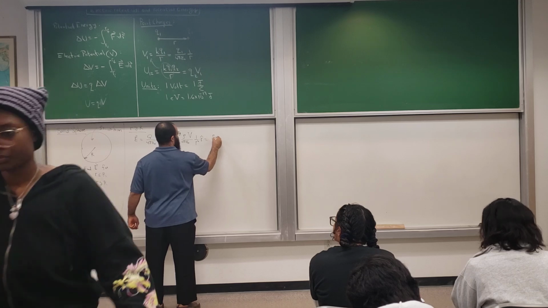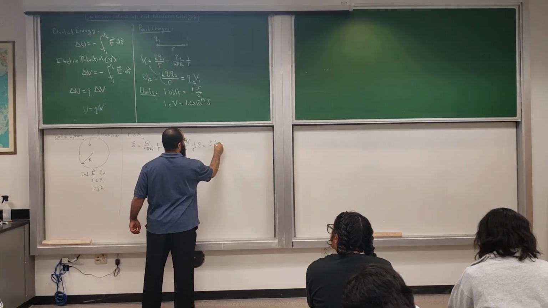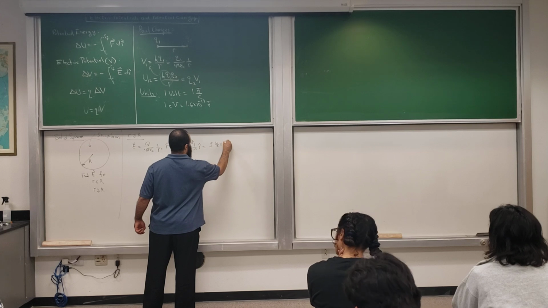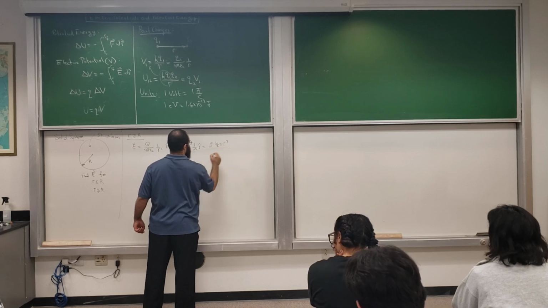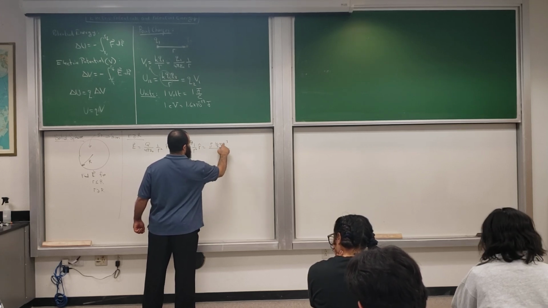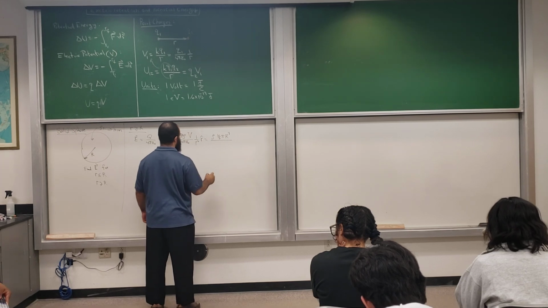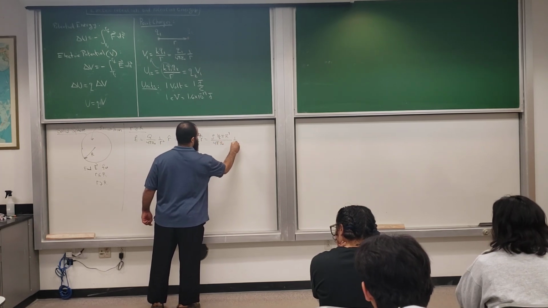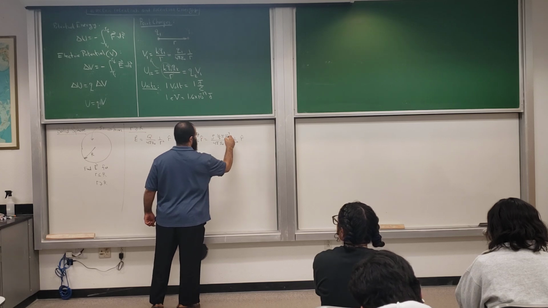So you get rho, and then 4 thirds pi, I'm sorry, 4 thirds pi capital R cubed, and then 4 pi epsilon naught times 1 over r squared r hat.